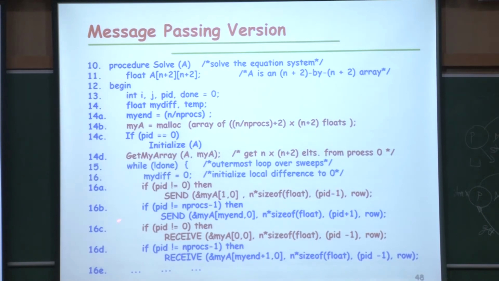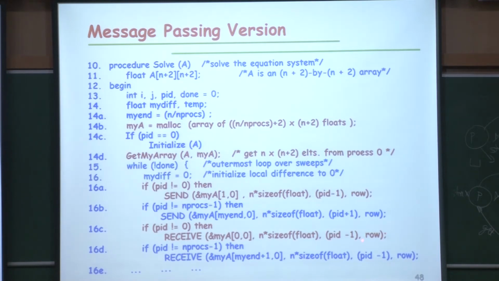Each process except the last process is going to send its last row, my end, to the next process. Because the first process and the last process do not send their top rows to the previous one, and similarly the last does not send the bottom row to the next one. That is the reason why these if conditions are there, but otherwise essentially you are sending the first row to the previous process and the last row to the next process.